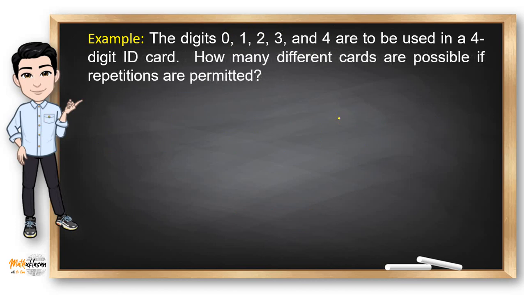Now, what if we have the same example, but this time we need to identify the number of different cards that we could arrange or we could have if repetitions are permitted. So there are times that repetitions are permitted. So for example, we have here the first digit, then digit 2, digit 3, and digit 4.